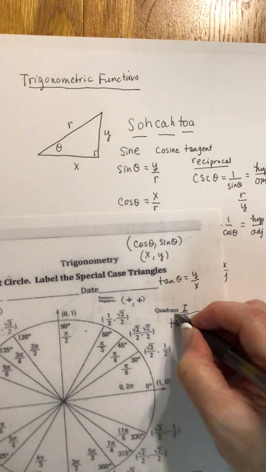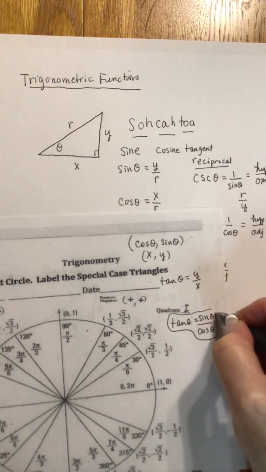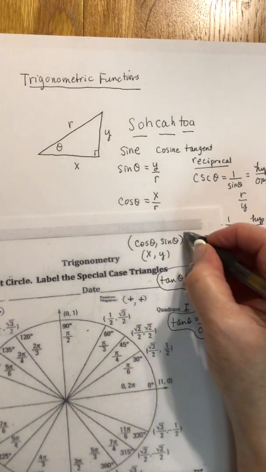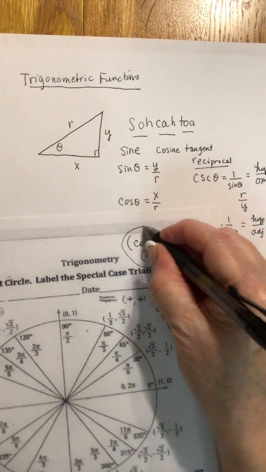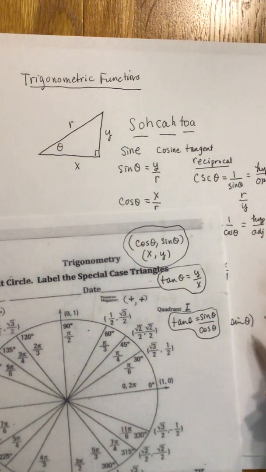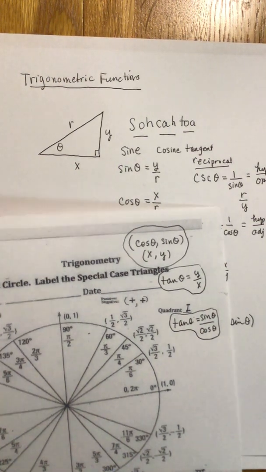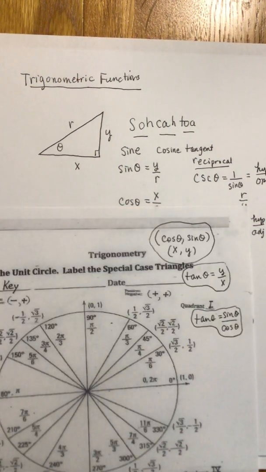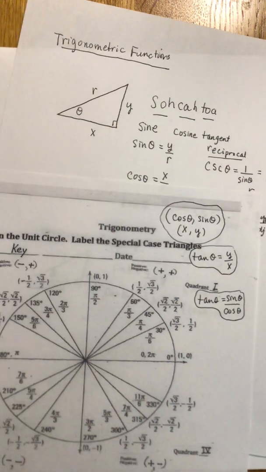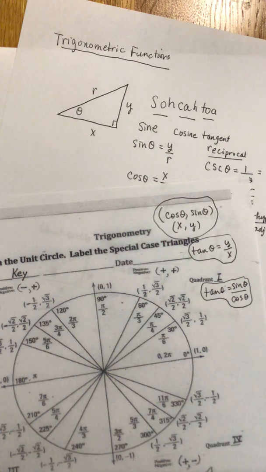So that's another way that we can look at tangent, sine over cosine. So give everybody a chance to get that written down for a minute. So we said we were going to read some values off the unit circle.